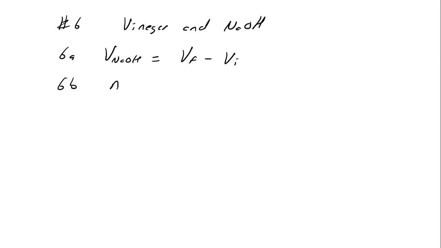6B is going to be the moles of sodium hydroxide. So sodium hydroxide is a solution, so how do I find the moles of it? Nope, that was using mass. I'm not measuring the mass of sodium hydroxide. So last semester we learned 3 ways to find moles, right? Mass divided by molar mass, the ideal gas law. What's the third one?